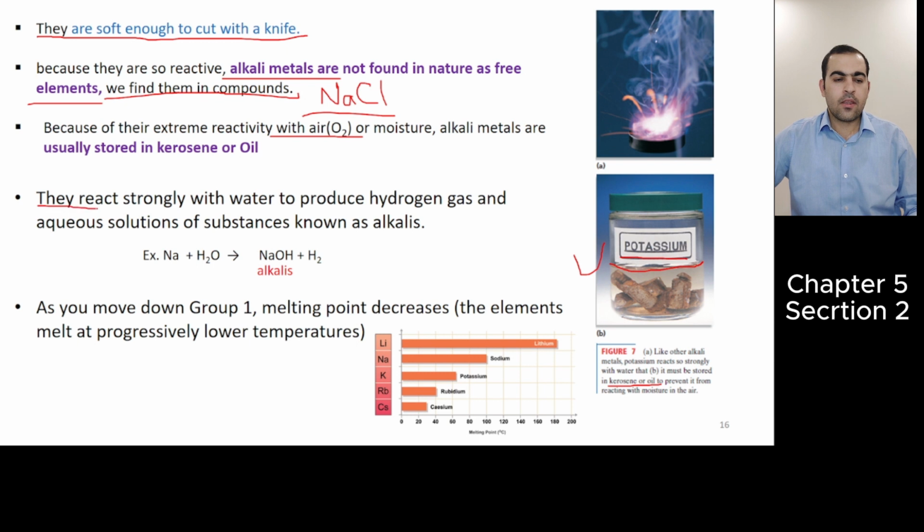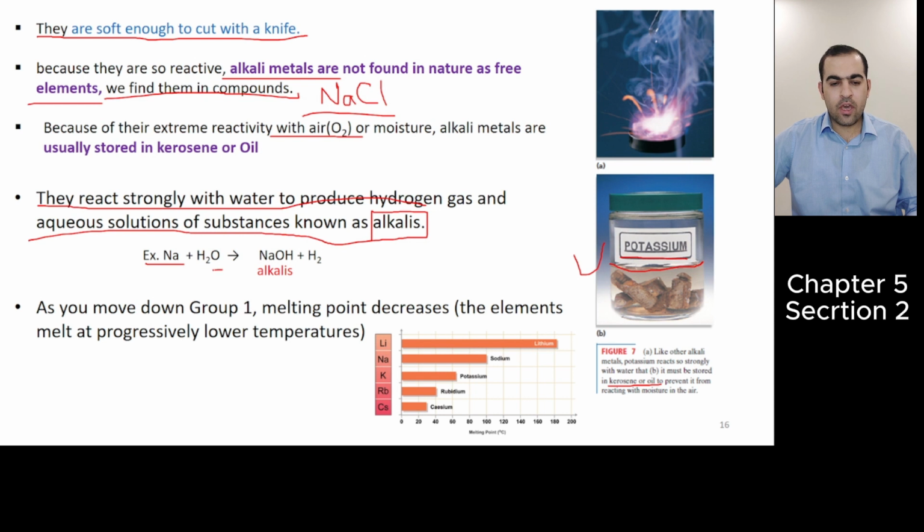Basha, they react strongly with water to produce hydrogen gas and an aqueous solution of a substance known as alkalis. That's why we call them alkali metals, because they produce an aqueous solution called alkalis. Look, this is an example from group 1, sodium.